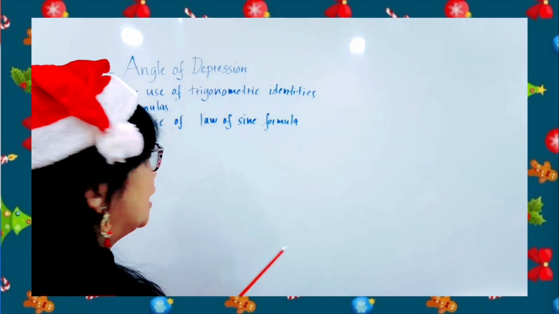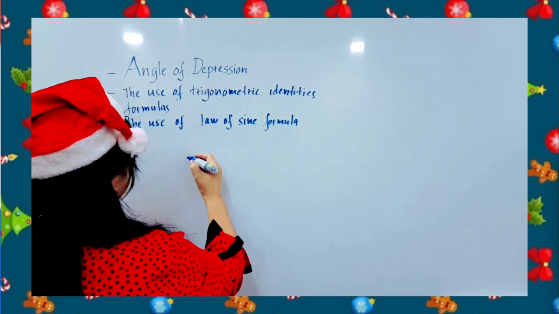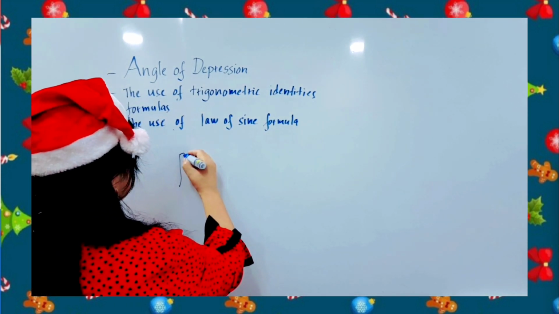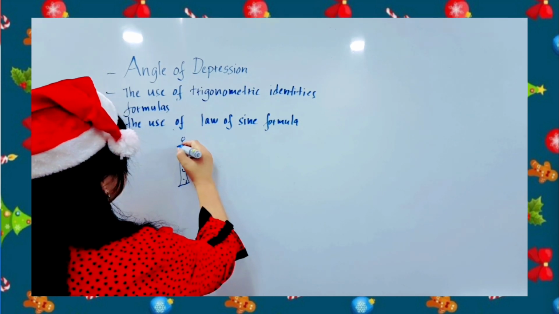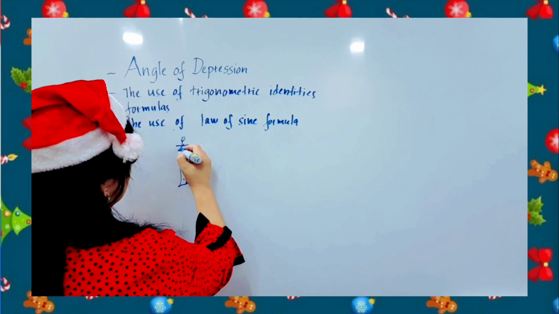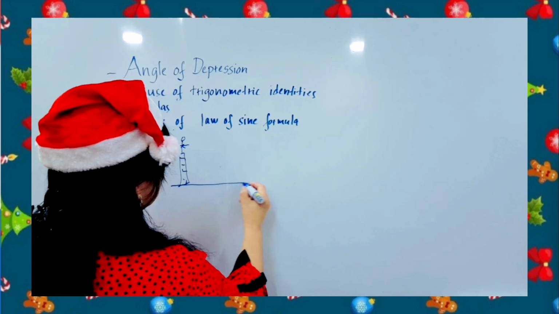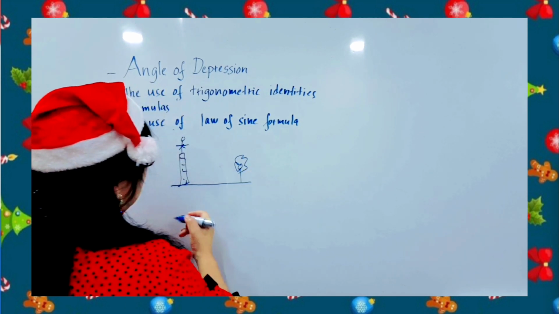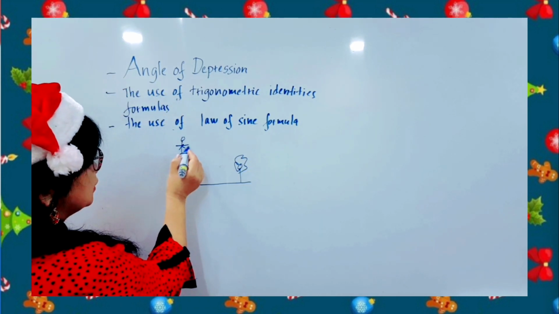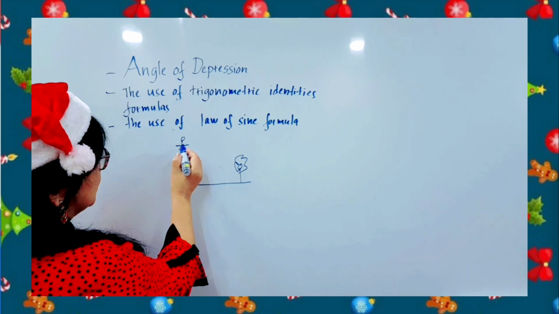Just a quick review of the angle of elevation and depression. For example, we have the building, and there is a man standing here. And we have also a tree here. For example, the man is looking at the top of the tree.